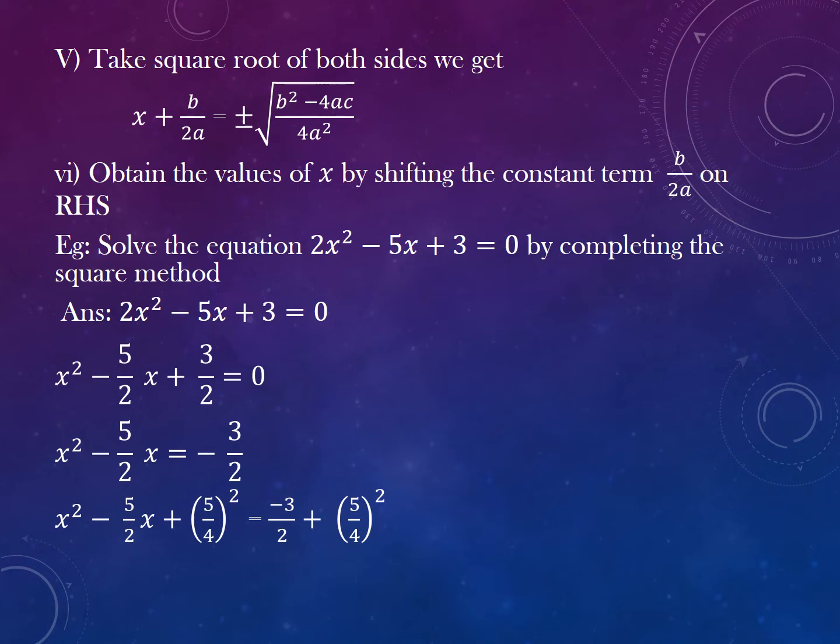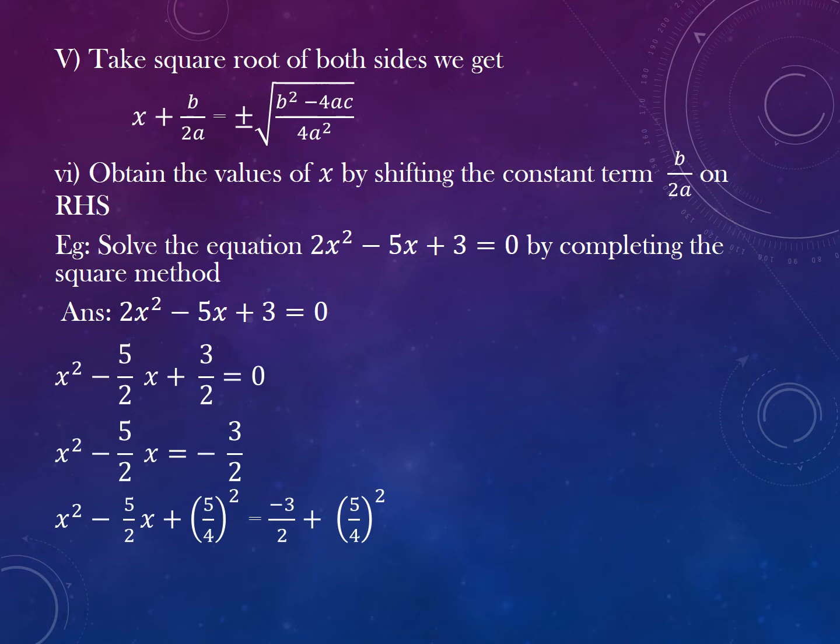We are going to show one example by using the completing the square method. Question 1: 2x² − 5x + 3 = 0. As I already said, the coefficient of x² should be 1. We have to divide our equation by 2.